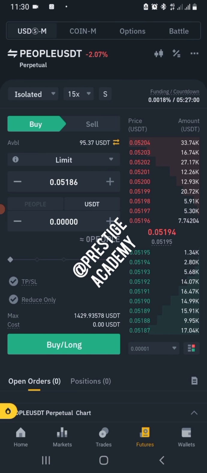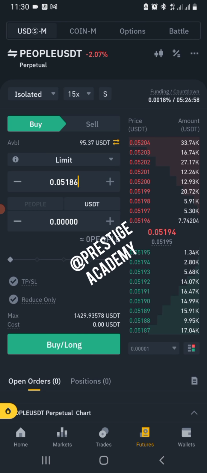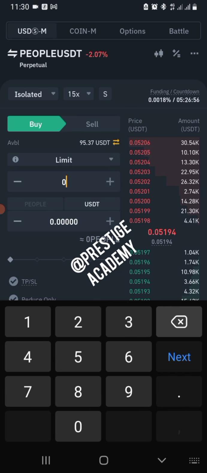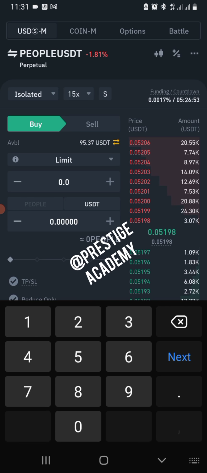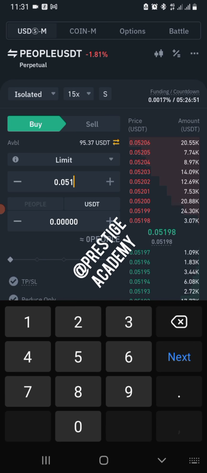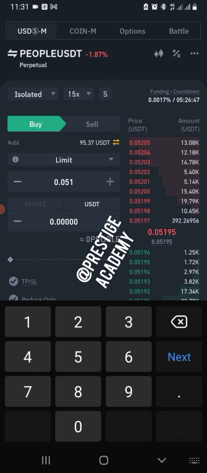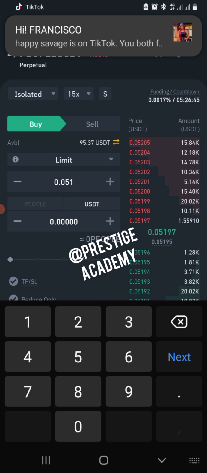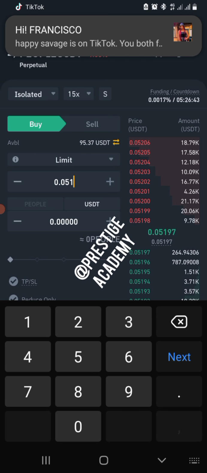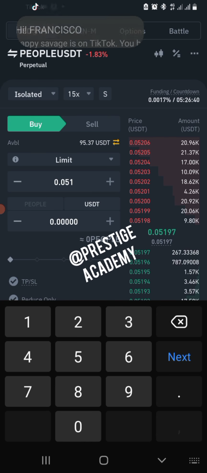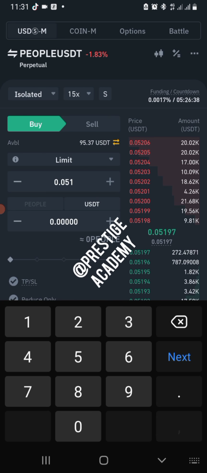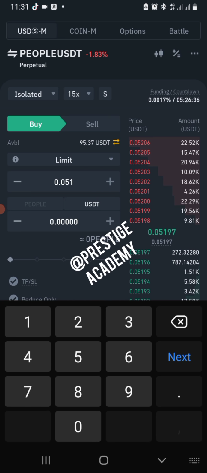You can change this to anything you want, but let's say we want to use limit order. Once you're using the buy option on Binance futures, your entry price should always be lower than the current price. That's how it works. Now let's say this coin is 0.05197.